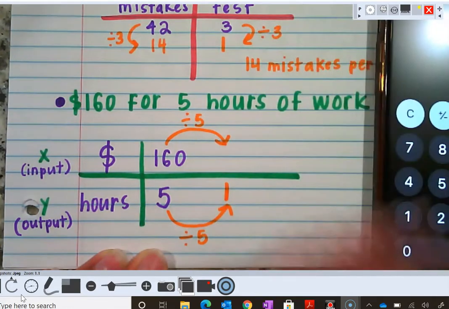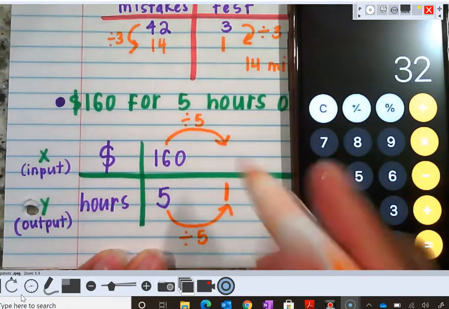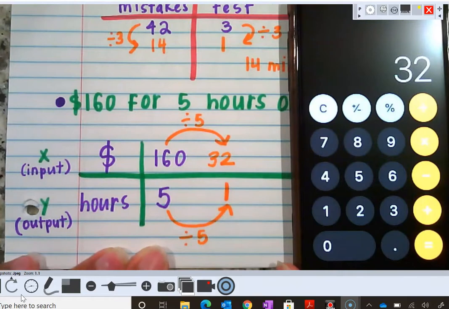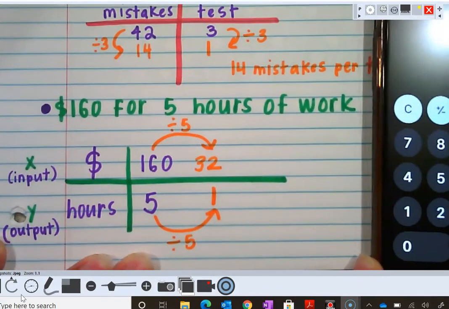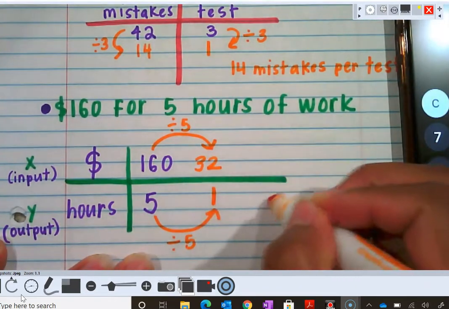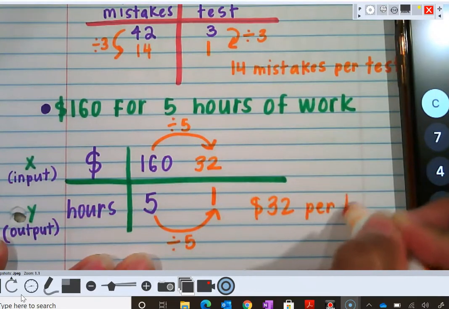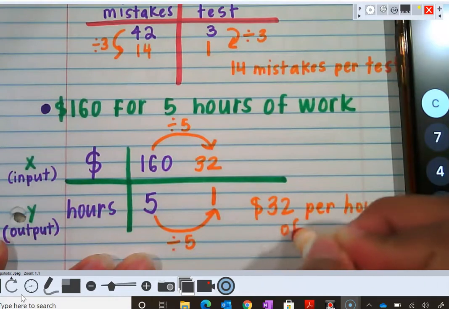And I get 32. So as we know, we have $32 per hour of work.